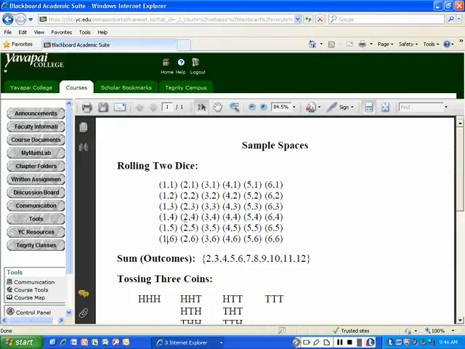So dice 1 could be 1, or 2, or 3, or 4, or 5, or 6. And dice 2 could be 1, 2, 3, 4, 5, or 6. And there's actually 36 ways that you could have those dice show up. And so by writing this out, we now have all of these things in here being equally likely. And so that's the sample space we're going to want to use.